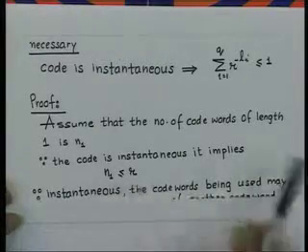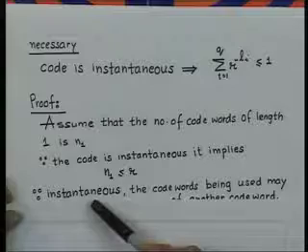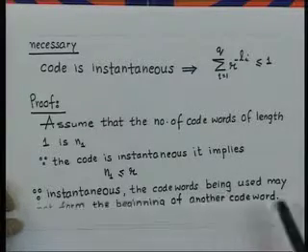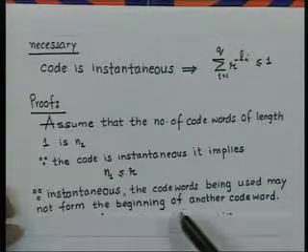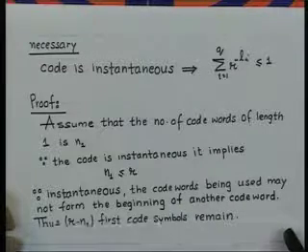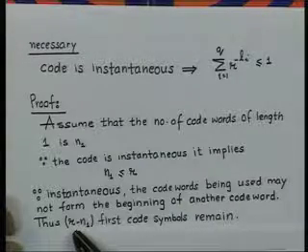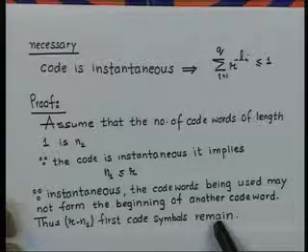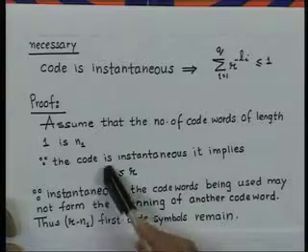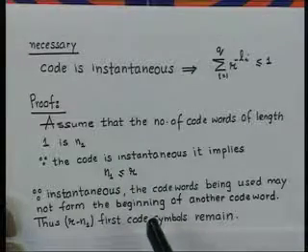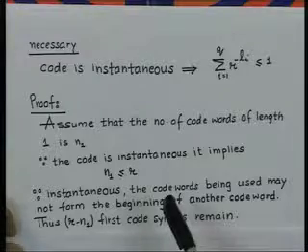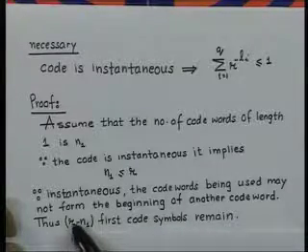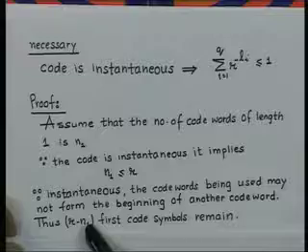Now because the code is instantaneous, the code words being used may not form the beginning of another code word. Thus we have r minus n1 first code symbols remaining. So once I have chosen n1 code words of length 1, the remaining r minus n1 can be used as a prefix for the code words.